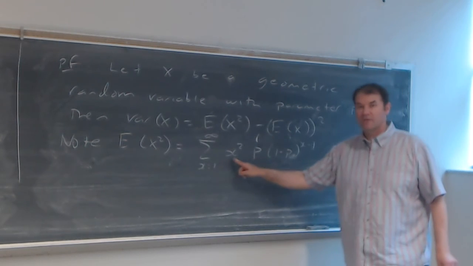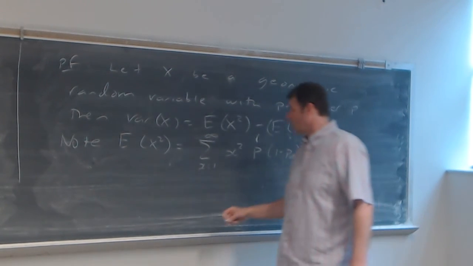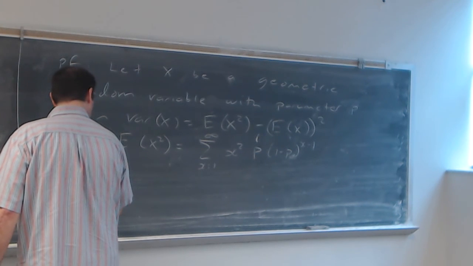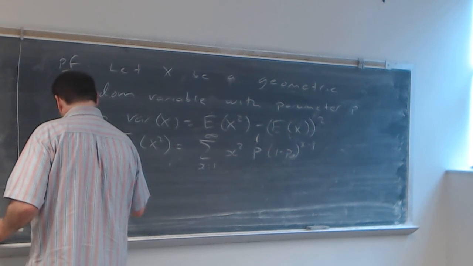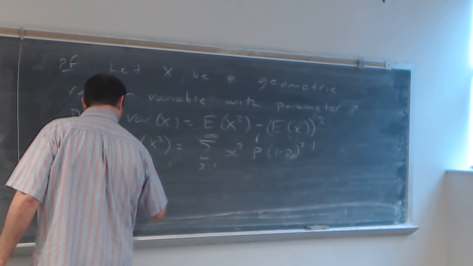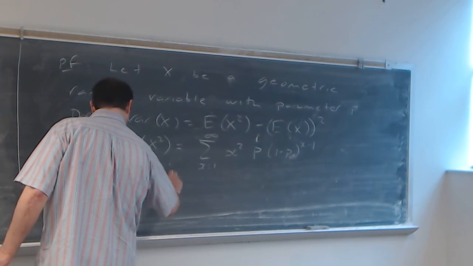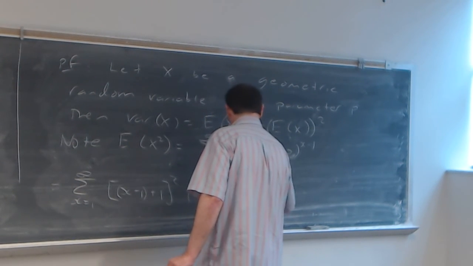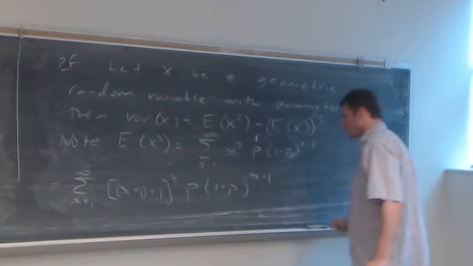What we're going to do is write down this x in an innovative way. So this is equal to the sum as x runs from 1 to infinity. We'll rewrite it as the quantity x minus 1 plus 1, squared, times p times 1 minus p to the x minus 1.